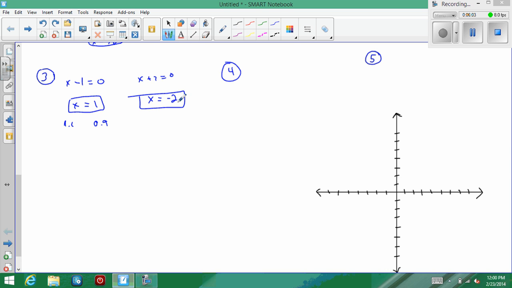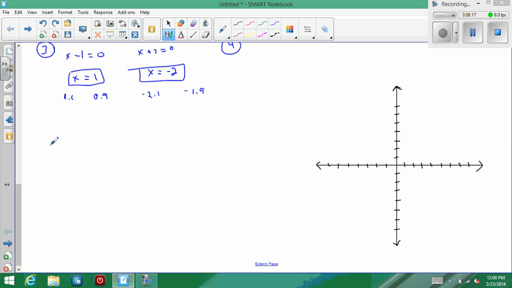If I add 0.1 to negative 2 and also subtract, I will get negative 1.9 and negative 2.1. So I'm just 0.1 away from our vertical asymptotes. Now I'm going to do my testing. I'll go from left to right, so I'm going to start with negative 2.1.